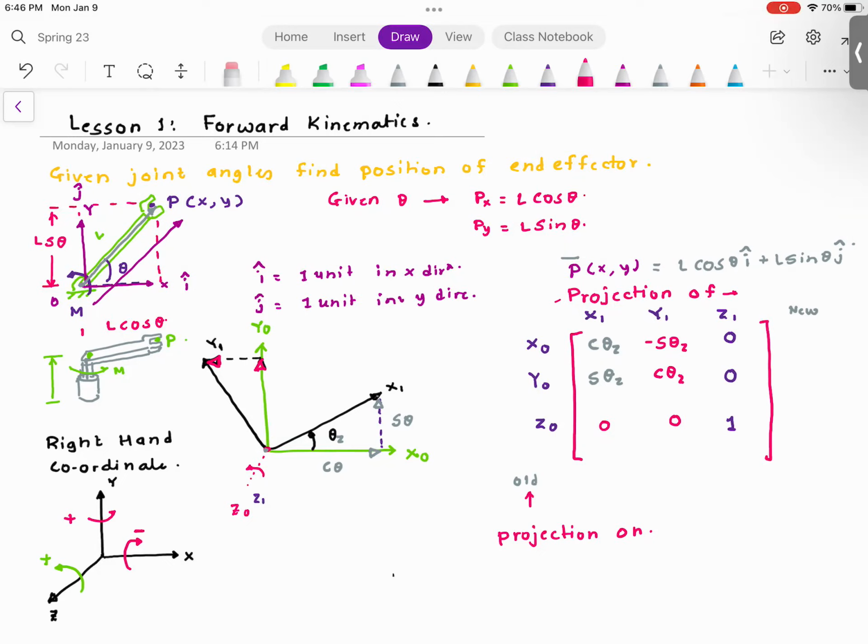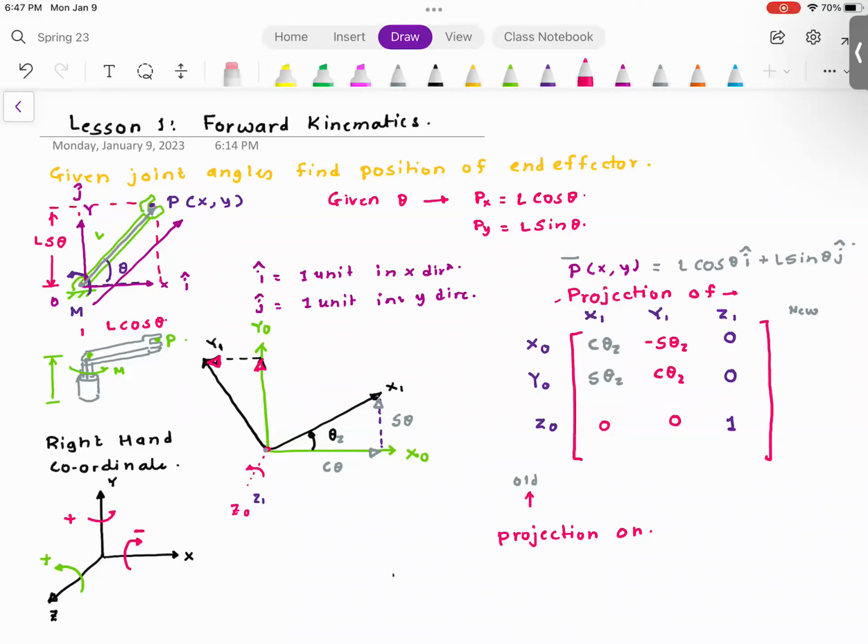Similarly, when I look at Y1, I have negative sine theta Z on X0 and positive cosine theta Z on Y0. And that is the projection matrix. How does it translate to unit vectors? Now, what I'm going to do is assign the unit vectors.